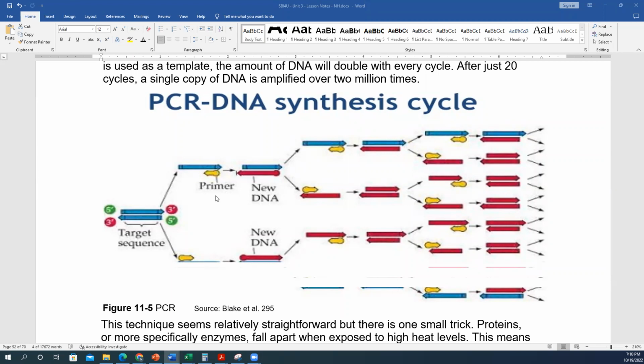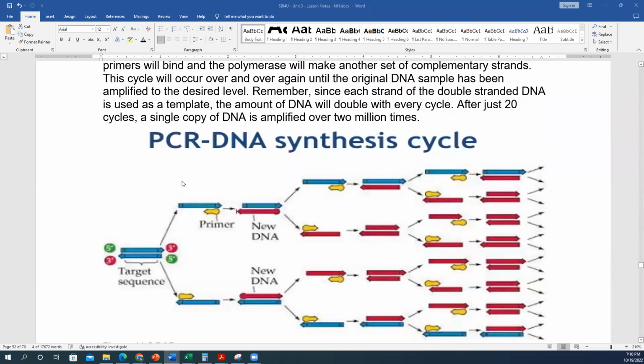You need to design a forward primer and a reverse primer. So you need to design two primers that are complementary to both ends of both strands. Once you've separated these two strands of DNA, you need to make sure that the primers will bind through complementary base pairing.